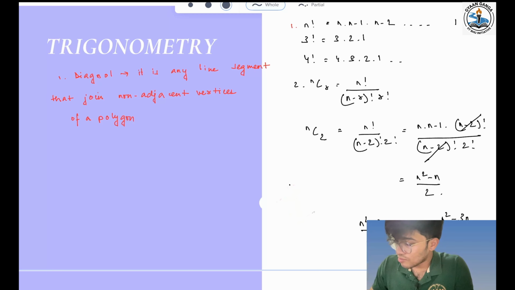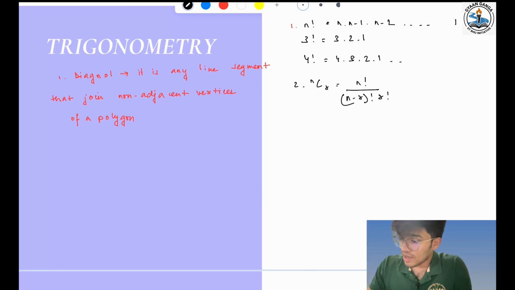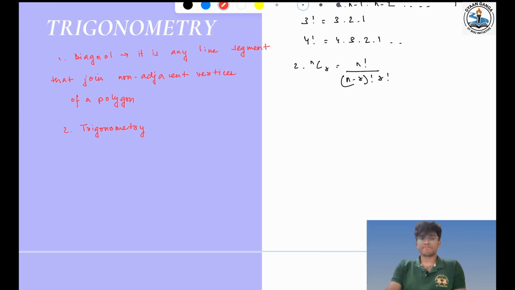So yeah, now let's move on to the relevant things for this topic of triangles. Trigonometry is essentially the relationship between angles and sides of triangles, with particular importance of right angle triangles.